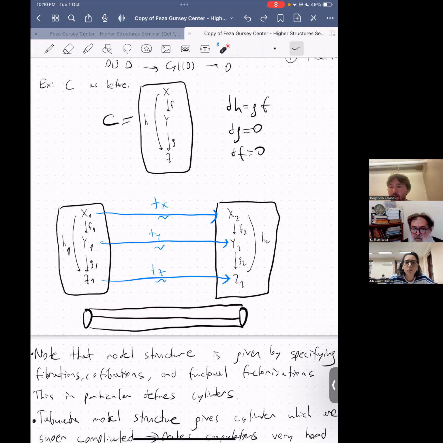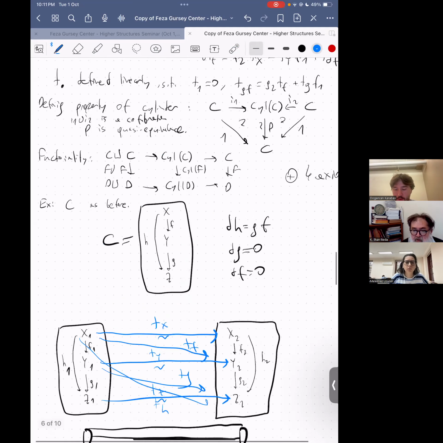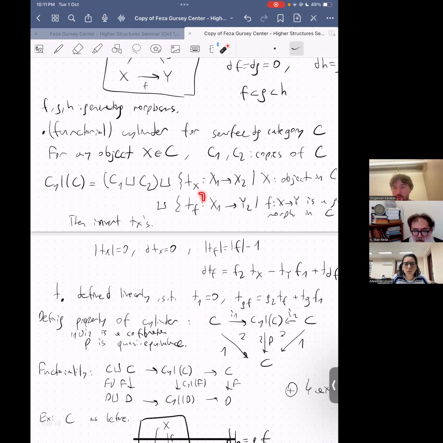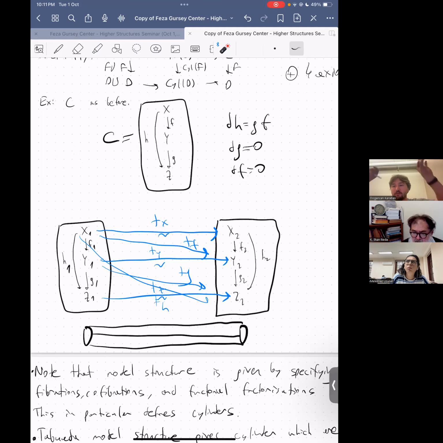So the other morphisms, TF, TG, and TH, are like the rectangles. These are lines. I draw two lines and I put three rectangles. So I can construct a topological cylinder like that: two circles, three lines, and three rectangles.